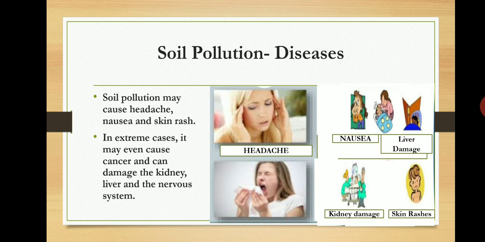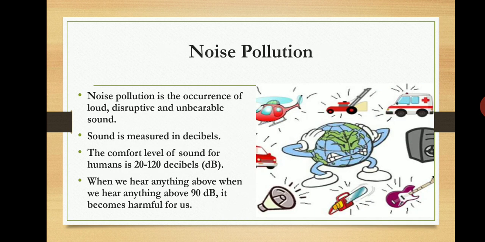And in extreme cases, it may even cause cancer and damage the kidney, liver, and the nervous system. So these are the diseases that can be caused because of soil pollution.